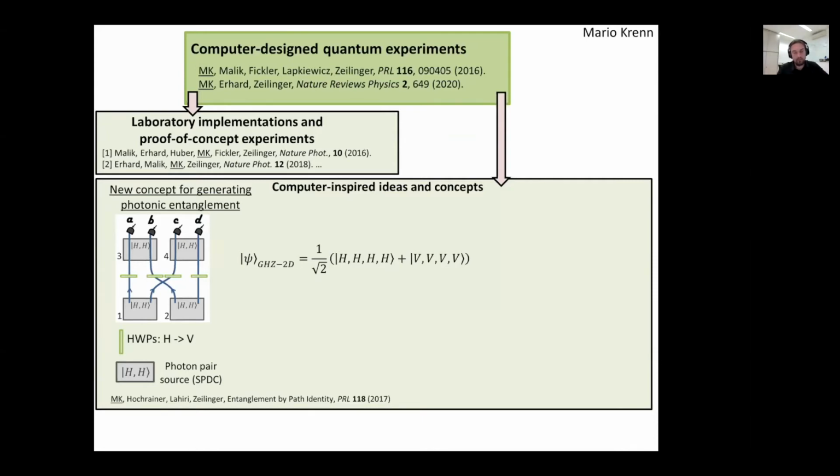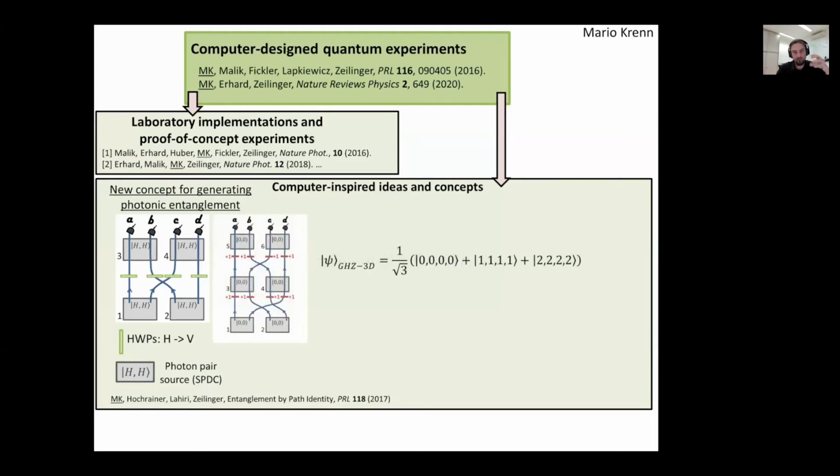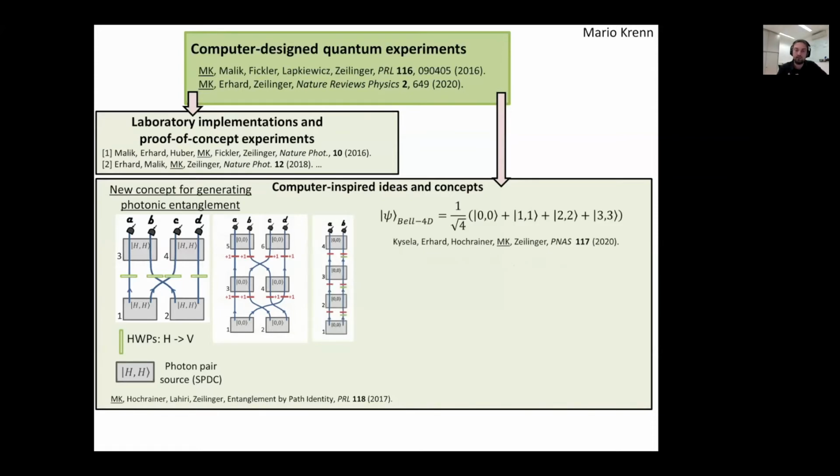And this technique can be used to generate a large number of different quantum systems in a very controlled way, in a very different way than it has been done before. And specifically, it also shows an idea for a scalable source of high-dimensional two-particle entanglement, which is useful for quantum communication.